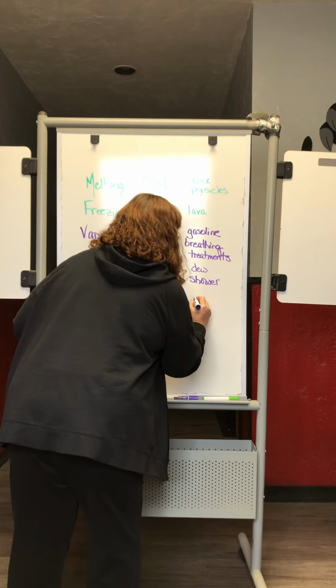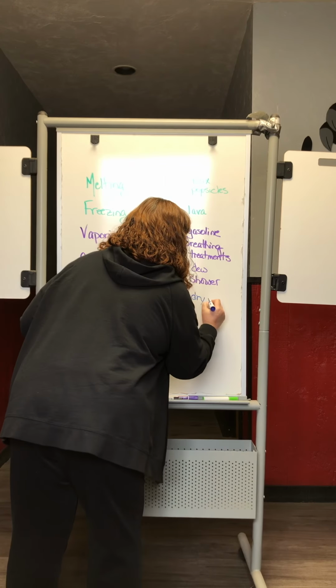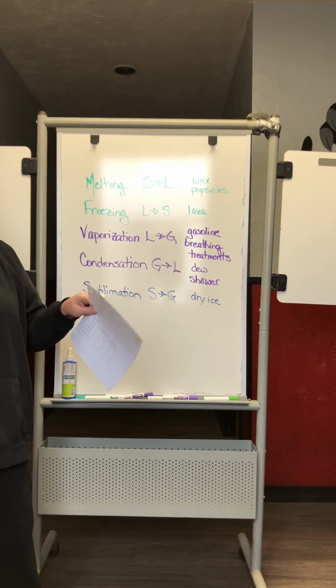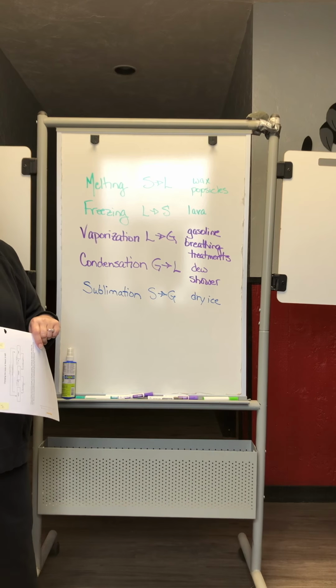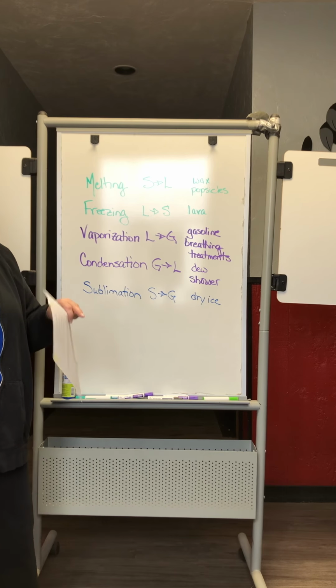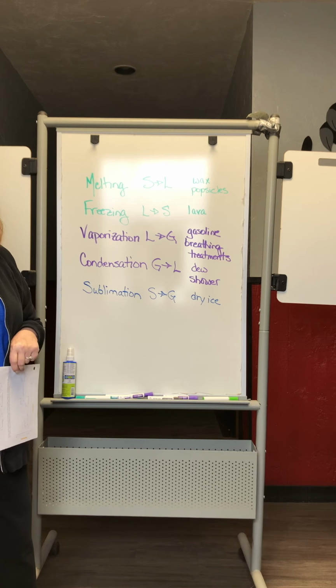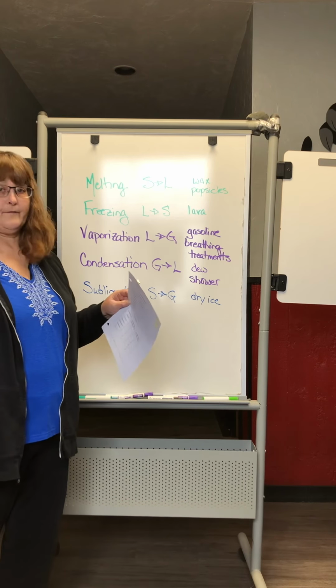These are a little bit harder, so I'm just going to give you some examples. Dry ice is one. In the old days when you went to concerts and they needed fog, they didn't have fog machines, they used dry ice. It is frozen carbon dioxide, and it will sublime directly from a solid to a gas and make the fog.